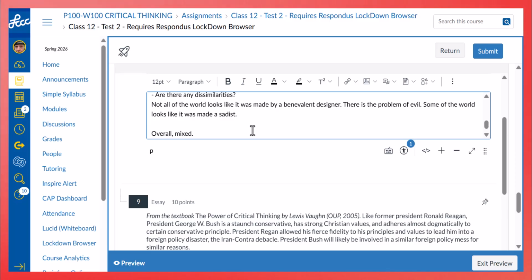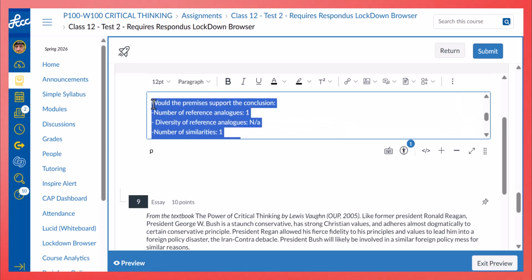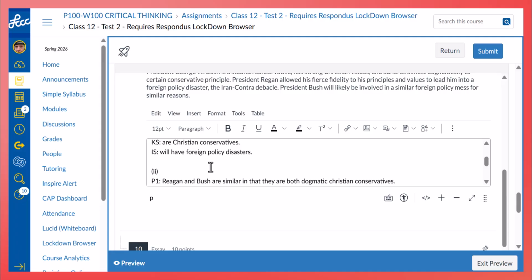Unlike some of my colleagues, I've never really come to a complete settled opinion about the argument from design. Okay, in any case, I want to copy this part here so we can get all the parts right. Are the premises true? So we go down here now.